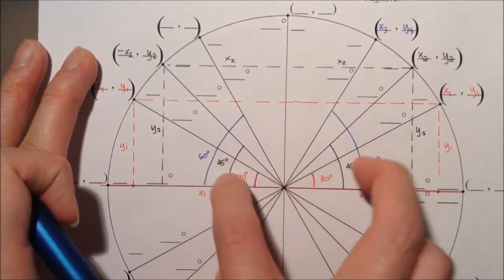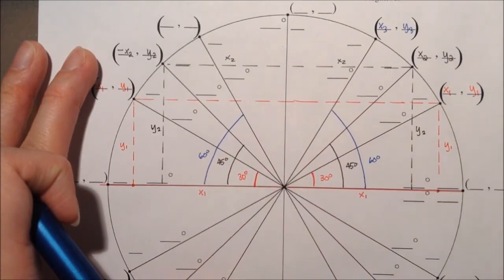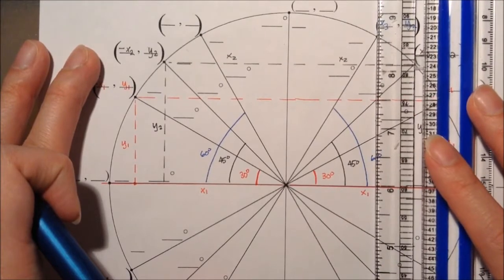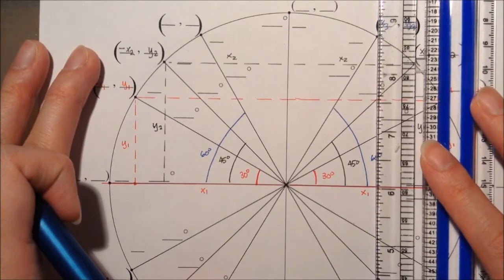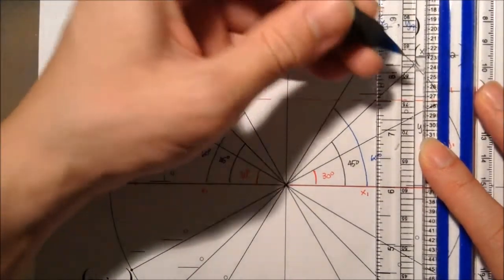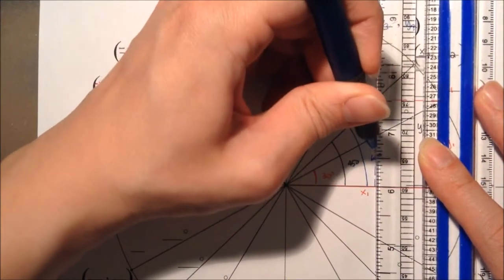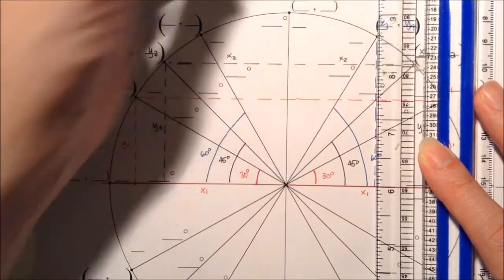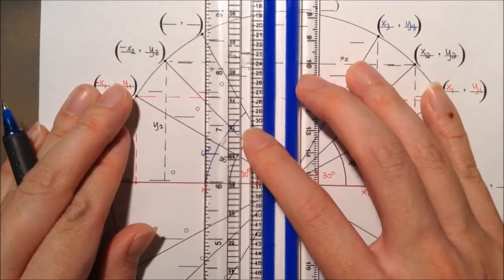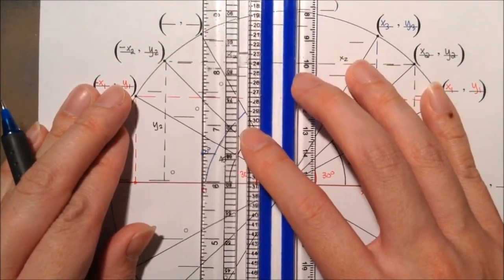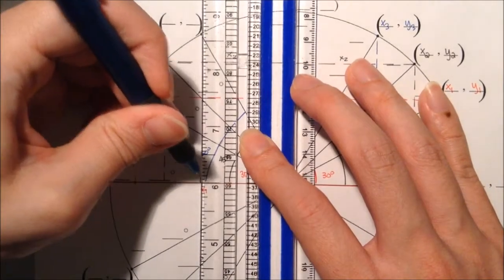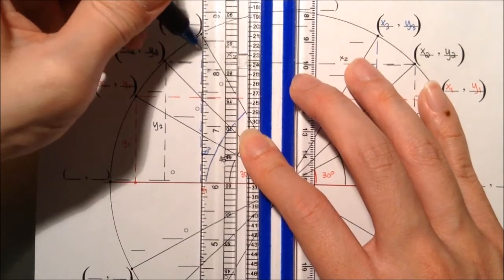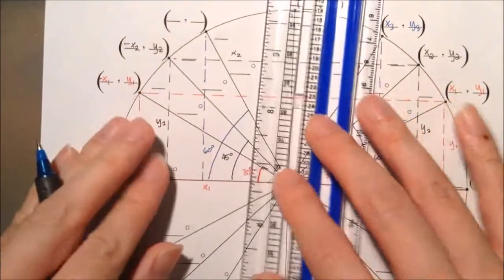If these two are 60 degrees, let's draw our vertical line perpendicular to the x-axis. Same thing here, my vertical line perpendicular to the x-axis. Alright.